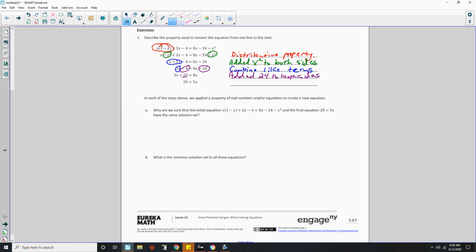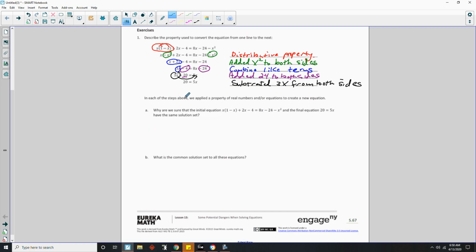All right, and then finally, we subtracted 3x from both sides to get 5x. Okay, so that's the subtraction property of equality.